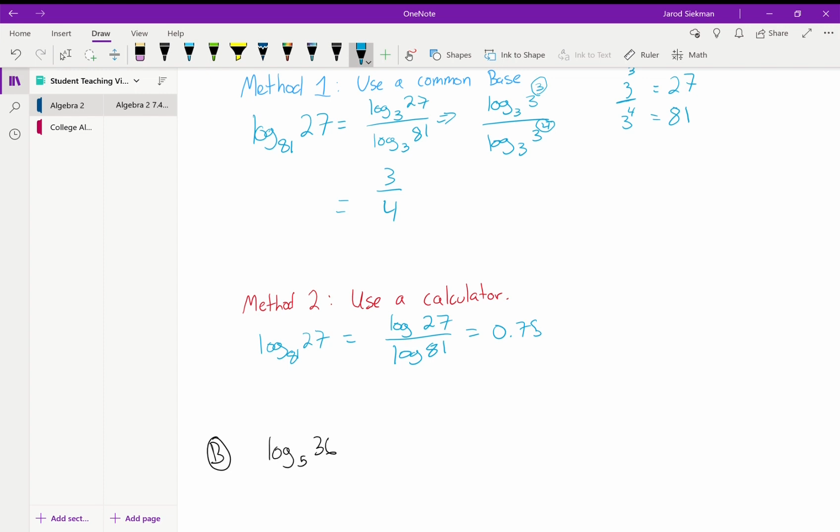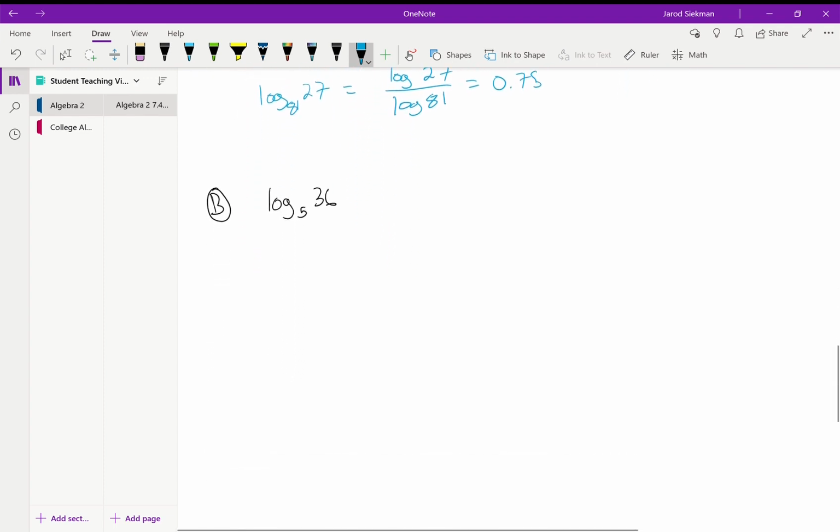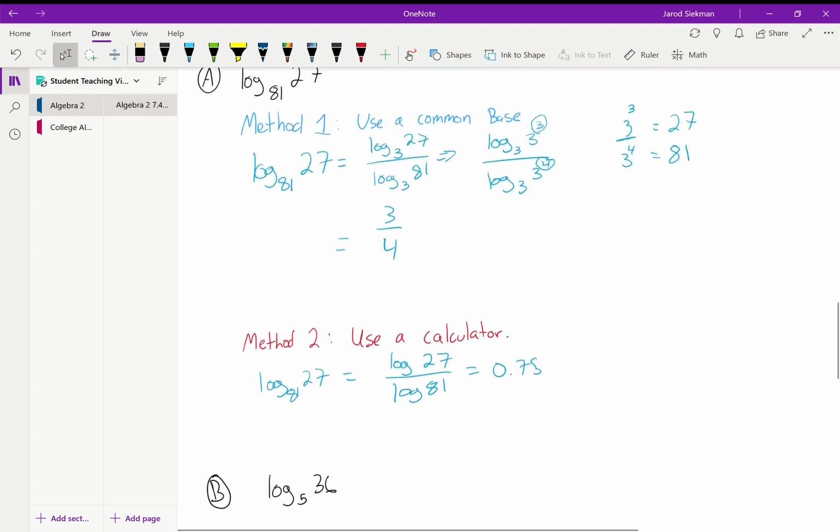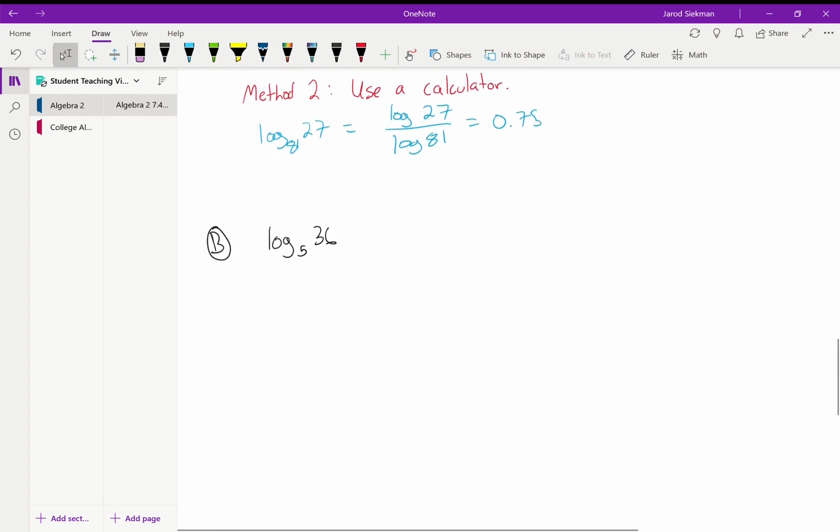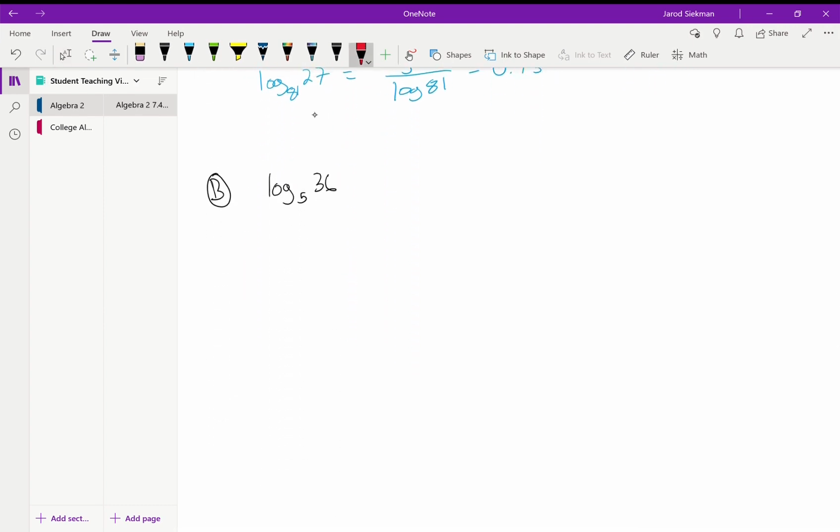We'll see in the next problem that method 1 won't work, because 5 and 36 don't share the same base, or don't have a common base. So we'll have to use a calculator.